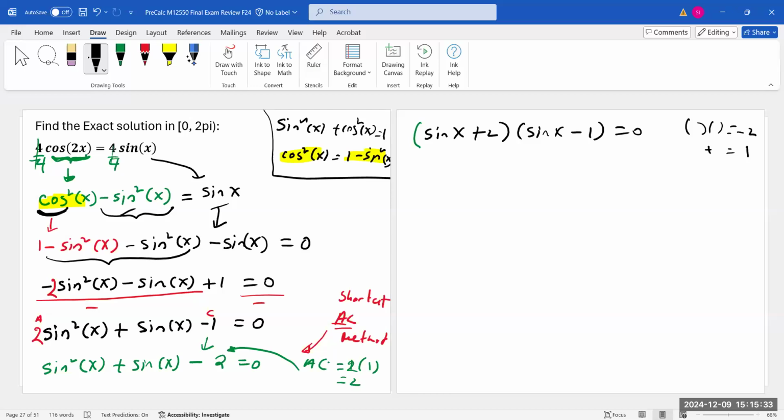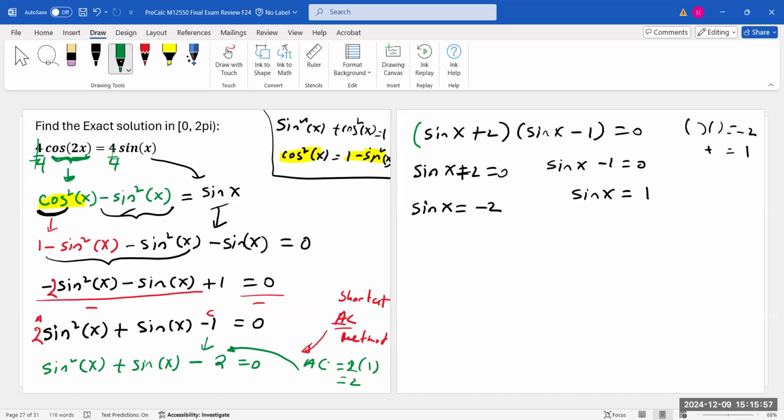It's negative 2 times positive 1. Sorry, positive 2 times negative 1. So we have sine x plus 2 equals 0, sine x minus 1 equals 0. That gives us sine x is negative 2 and sine x is positive 1.